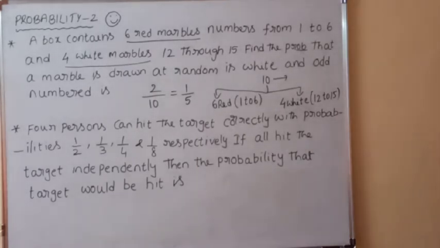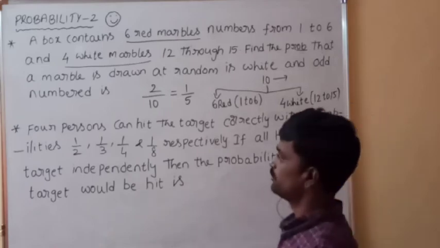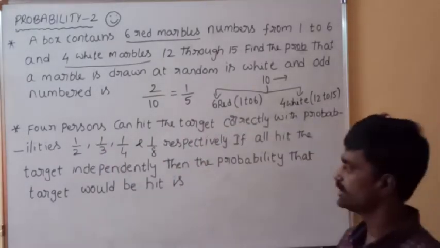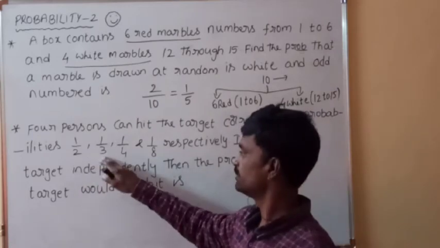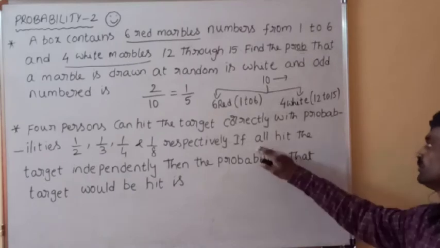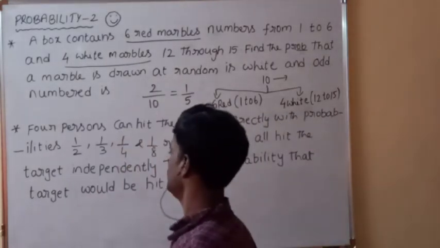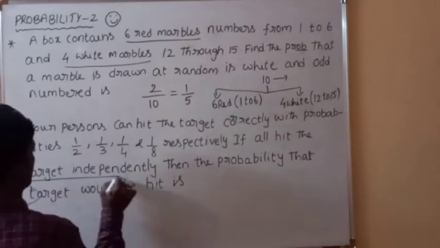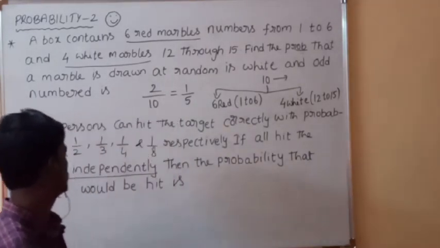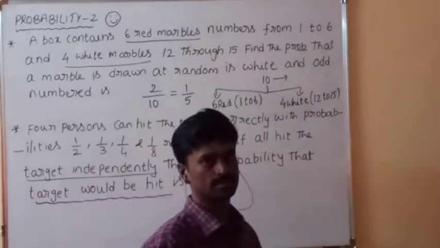Next, this is also a very simple problem. 4 persons can hit the target correctly with probabilities 1 by 2, 1 by 3, 1 by 4, 1 by 8 respectively. If all hit the target independently, then the probability that the target would be hit is.